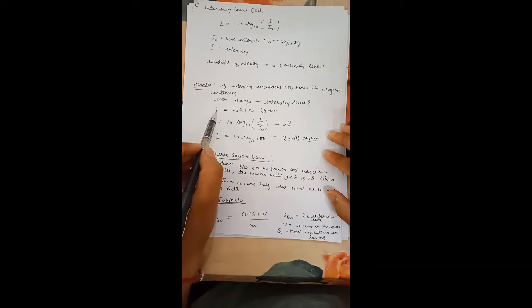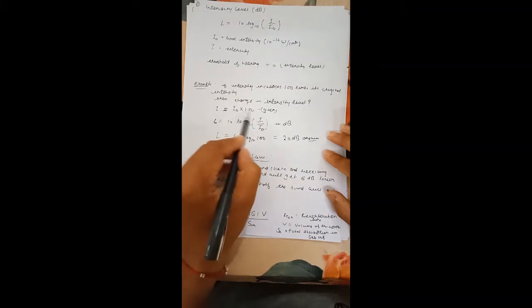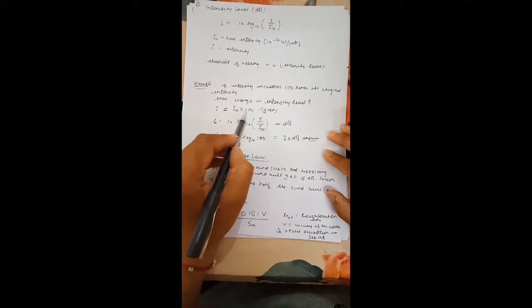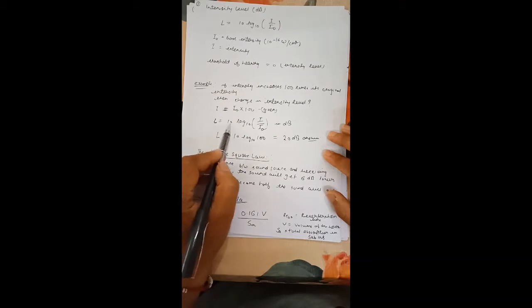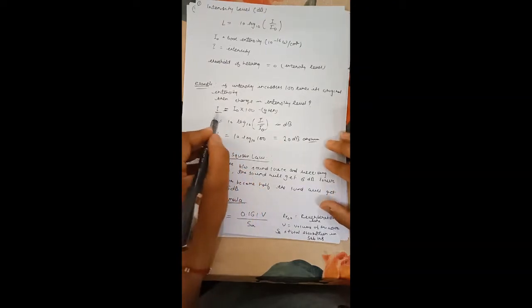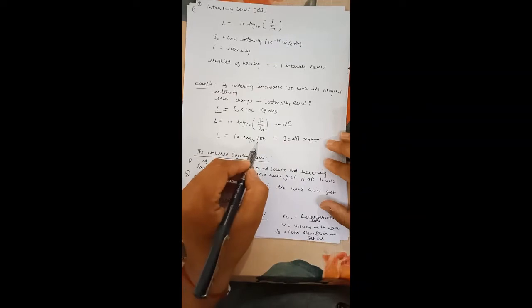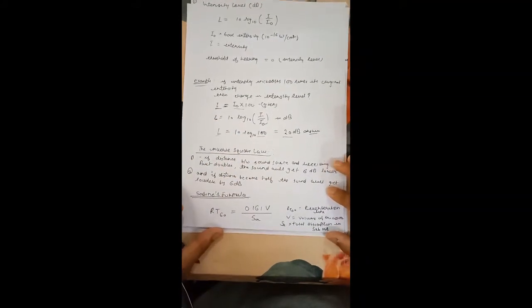We have the formula L is equal to 10 log10 I over I naught, and we put in the value of the changed intensity, which is increased 100 times. I over I naught is 100, and this becomes 20 decibel. So if we know the formula, we can solve the questions.